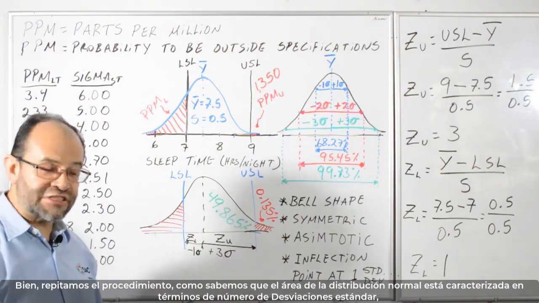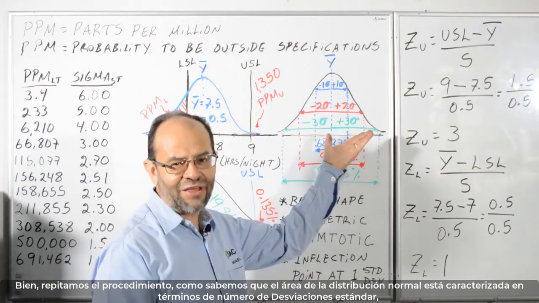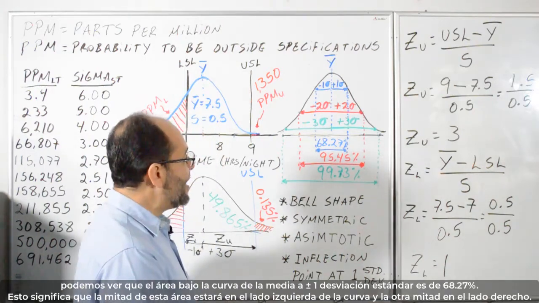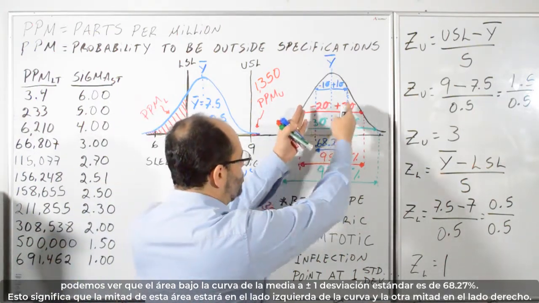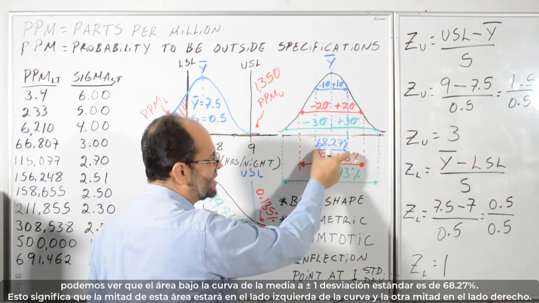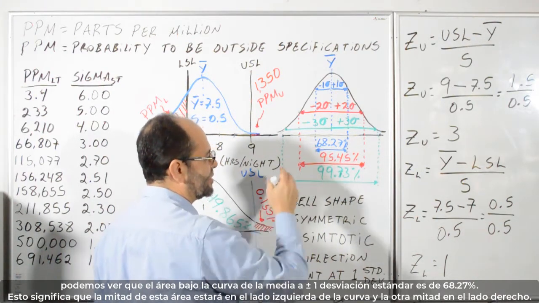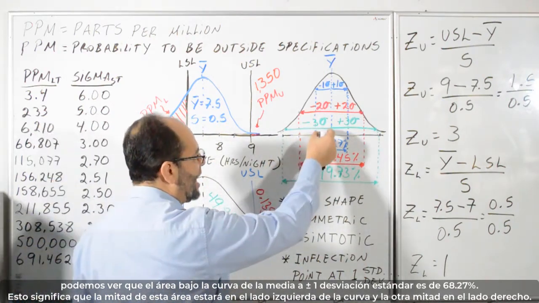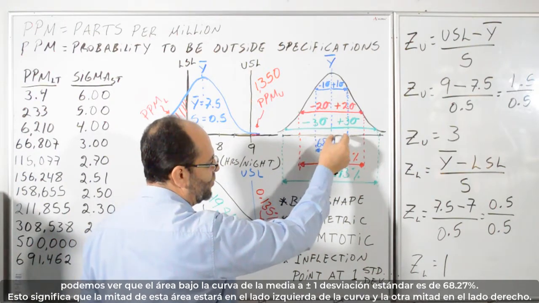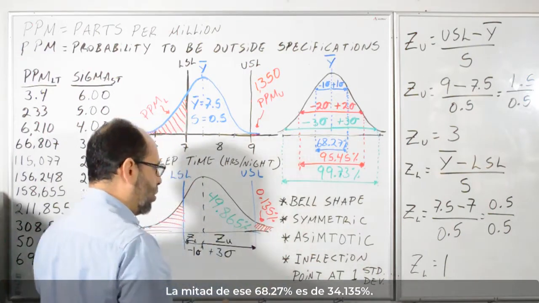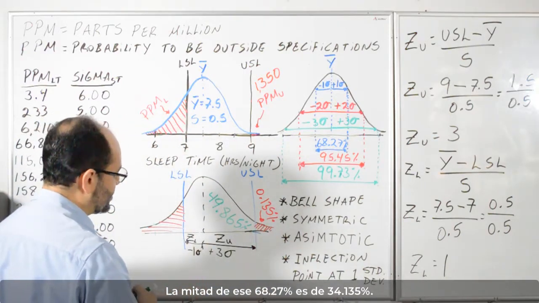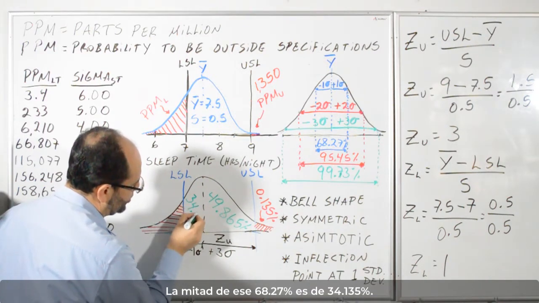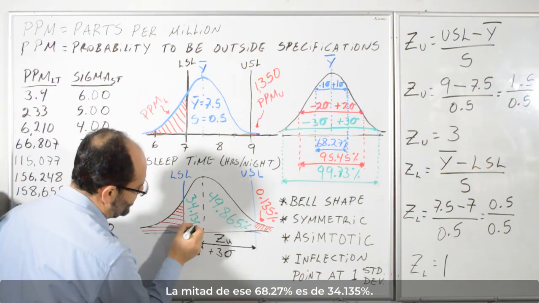We will use the same thing. We know that the area of the normal distribution is characterized in terms of the number of standard deviations. From the mean plus minus one standard deviation, the area is 68.27%. That means that half of that will be here, and half of that will be to the right. Half of that 68.27% is 34.135%.